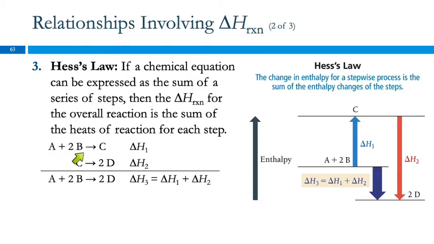So we can write the first reaction, delta H1, the second reaction, this is delta H2. If I add these two reactions together, the C's cancel out, and I get this guy down here, the change in energy, the enthalpy change for this one is the sum of those two. I added the two reactions. To get the change, I add the two delta H's.